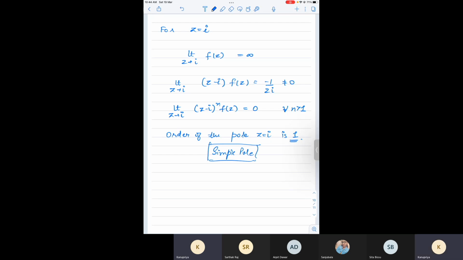Next thing is we have to write the Laurent series of this function around 0, iota or minus iota.